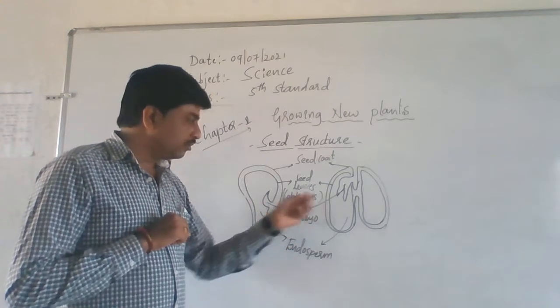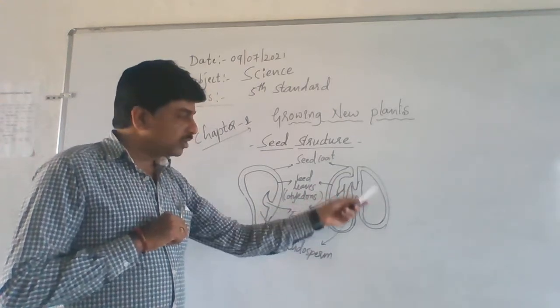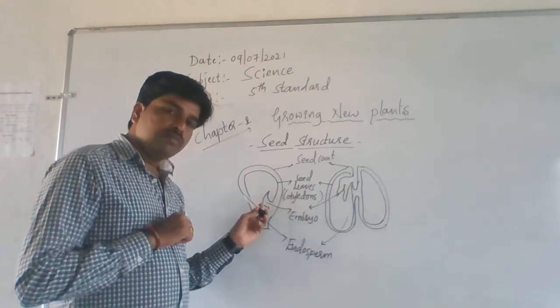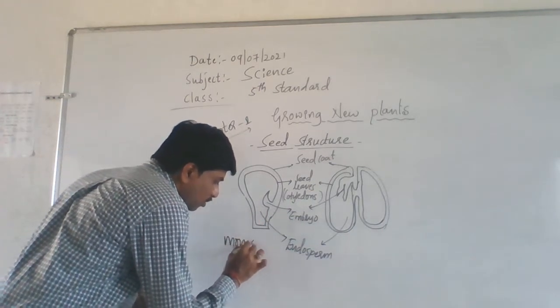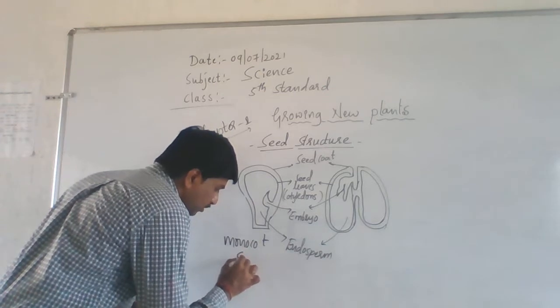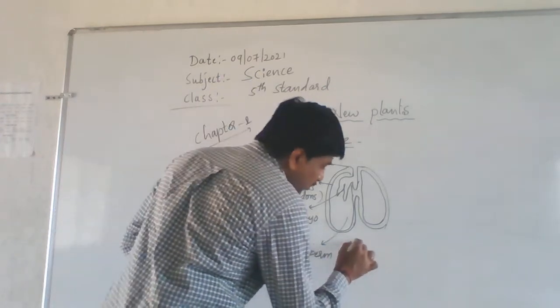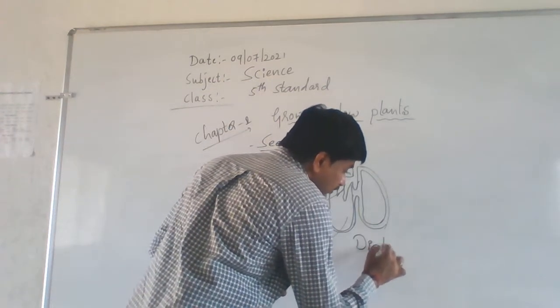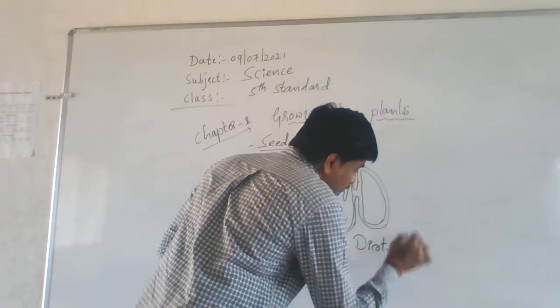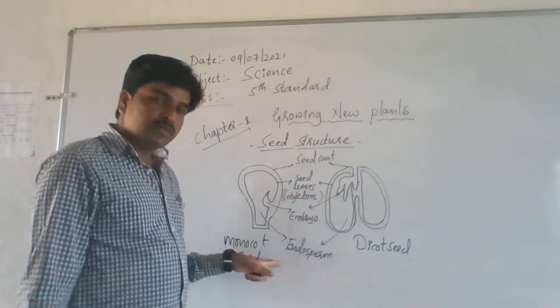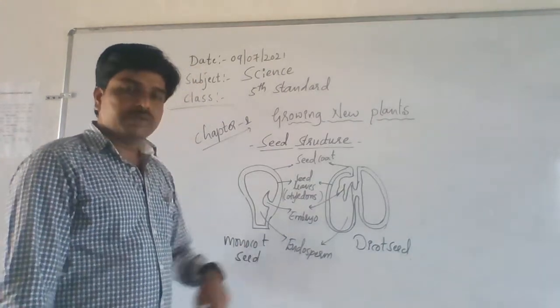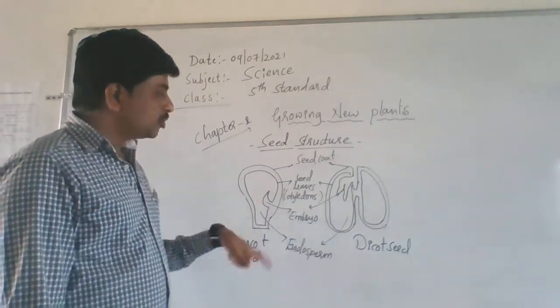You can see it in both. This is the monocot seed and this is the dicot seed. Then come to the fourth part: endosperm. What? Endosperm.